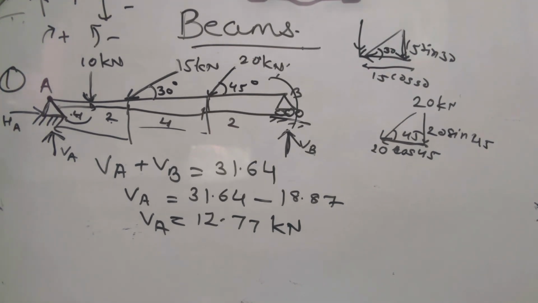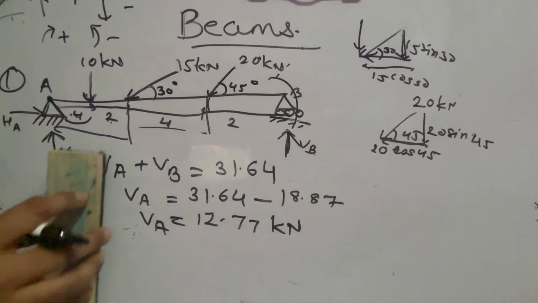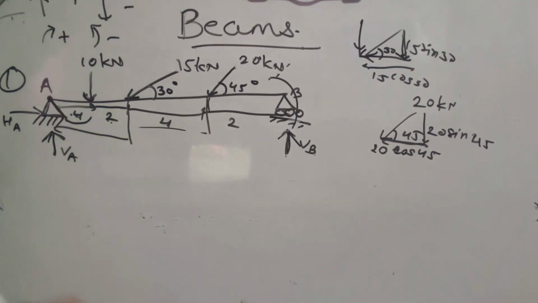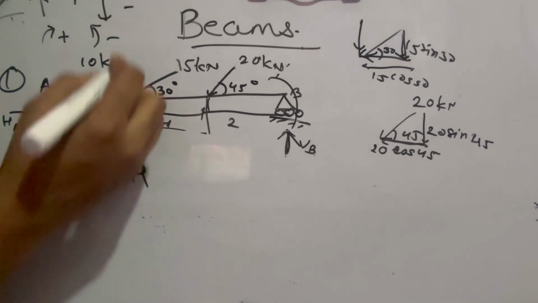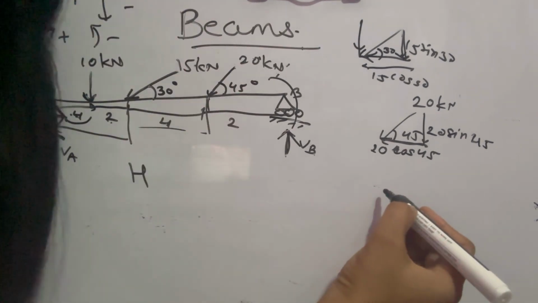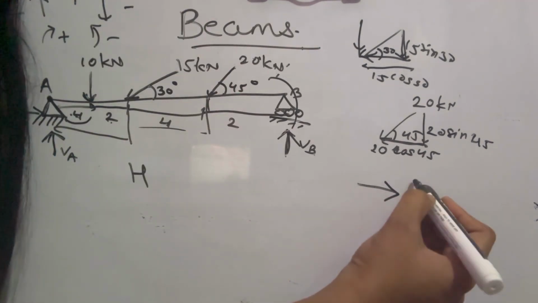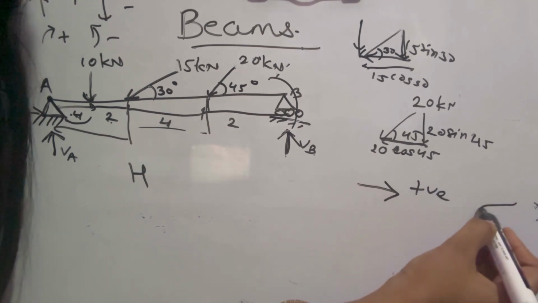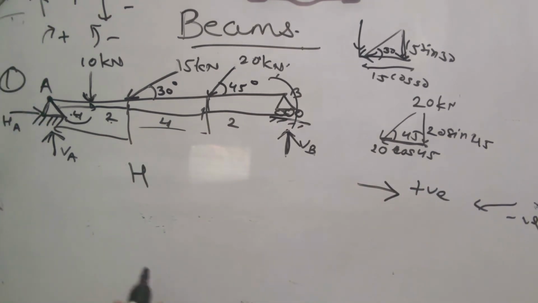Now last is to find the horizontal reaction. So how will you find the horizontal reaction? Horizontal reaction you have one, that is HA. Here also you have sign convention. If this side is going, then positive and this side is negative.